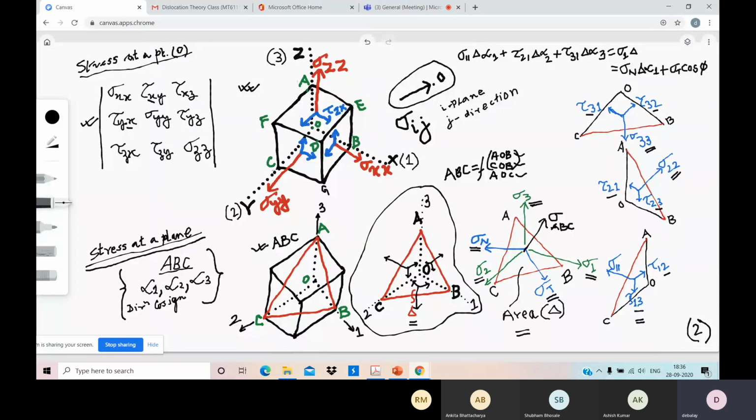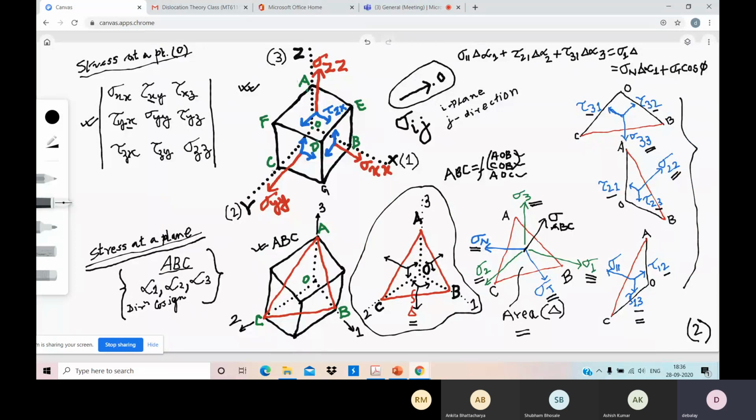To represent that, I have to do the force balance. So suppose I want to derive the value of sigma 1 in terms of the stress tensor components, because these are the stress tensor components. And sigma 1 is the net stress acting on the ABC plane along direction 1.